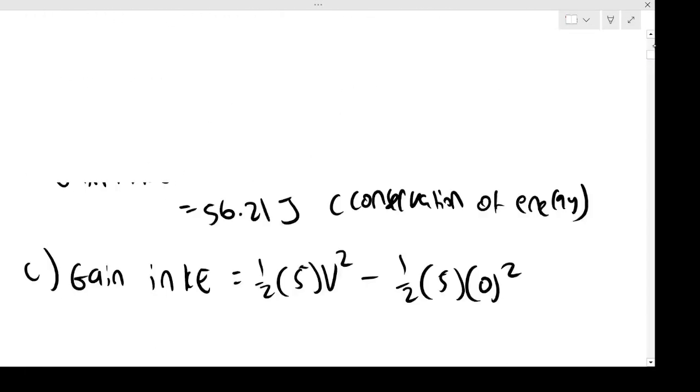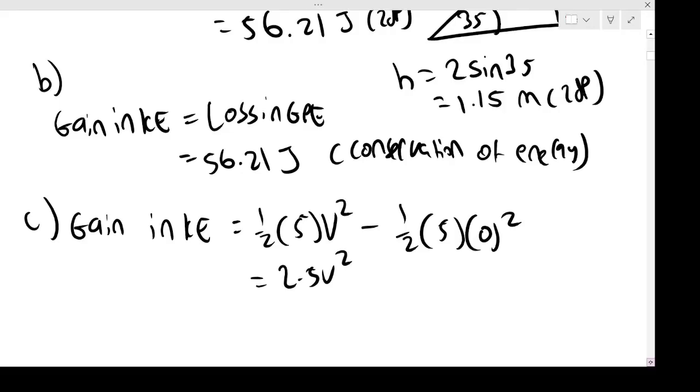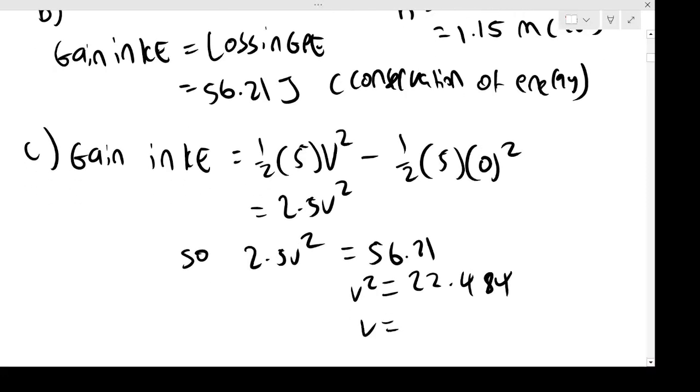So simply, that's 2.5 v squared, and that has to equal 56.21. Dividing by 2.5, v squared is 22.484. If I square root that, I get v to be 4.74 meters per second.